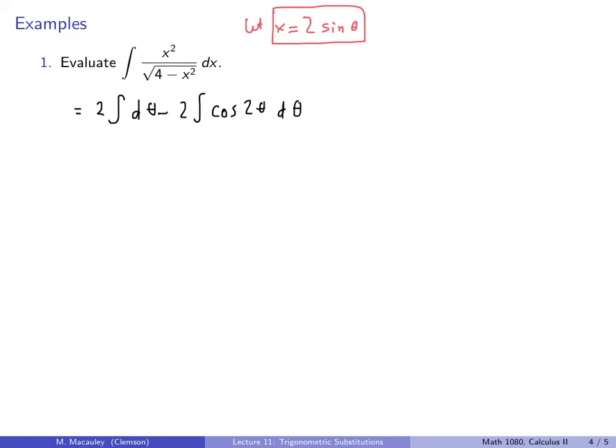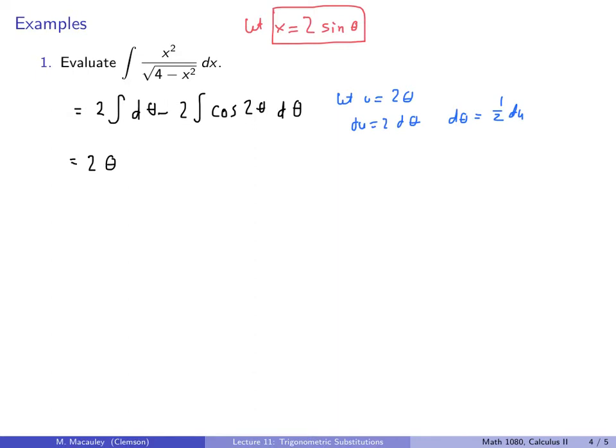So we need to do a quick u-substitution. Let u equal 2 theta, du equals 2 d theta, so d theta equals 1/2 du.